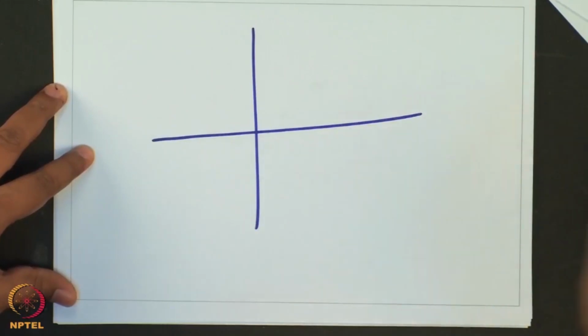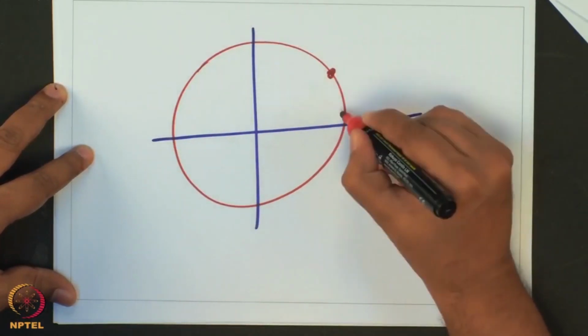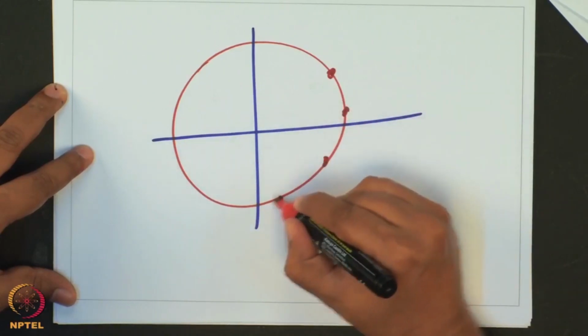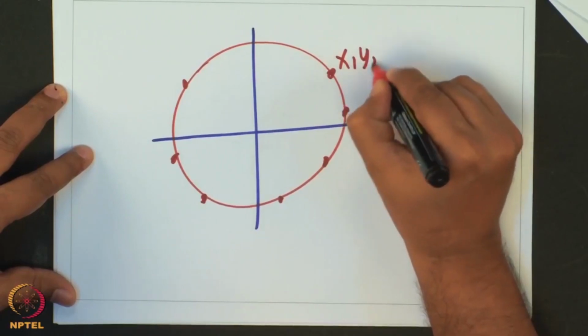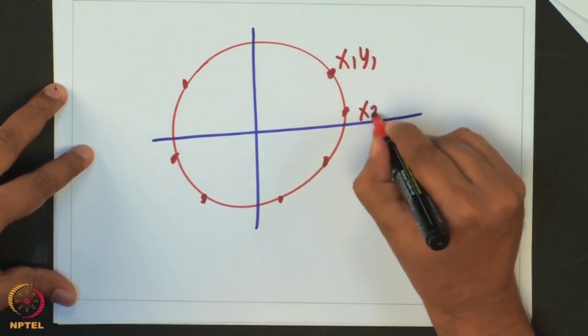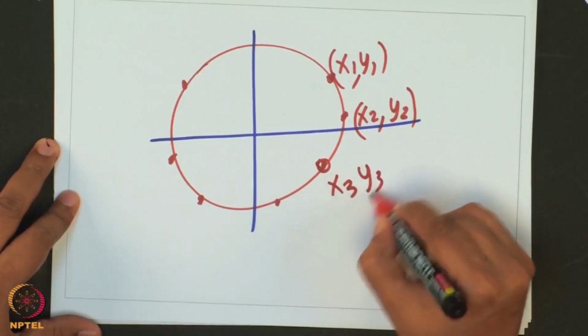So let us understand this. Why is it very useful for a circle? If I take a circle, every point has different x and y. This will have x1, y1, this will have x2, y2, this point is x3, y3.